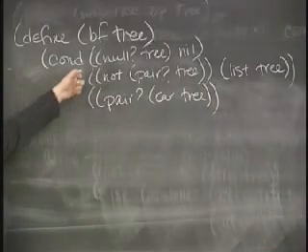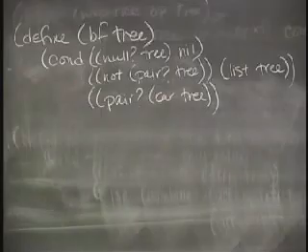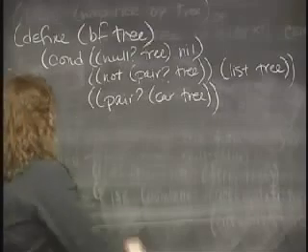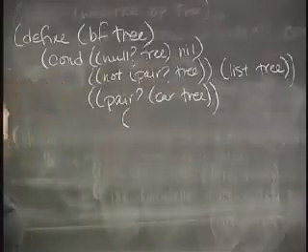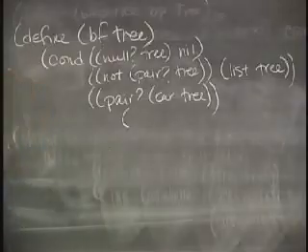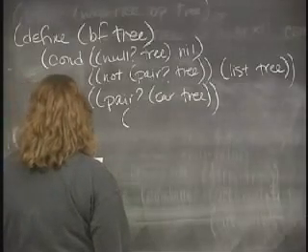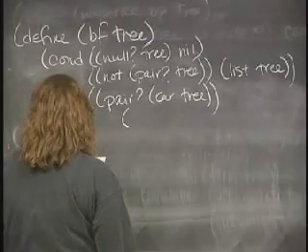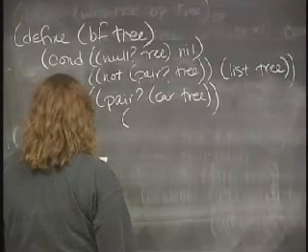Because I've just made sure that tree is a pair by the step above. So if I get here, I know that I can safely take the car of the tree, and I'm checking to see if it is a pair. If it is a pair, what do I want to do? Well, we need a recursive call. But first, we need to somehow leave something behind to build up our list structure, right? All right, so we're going to, no.